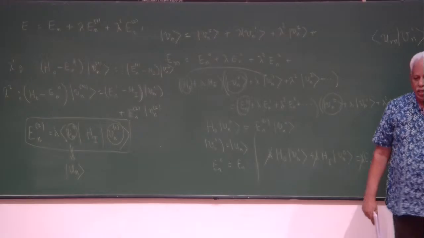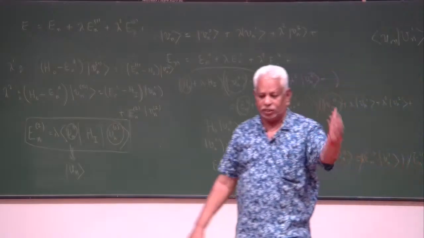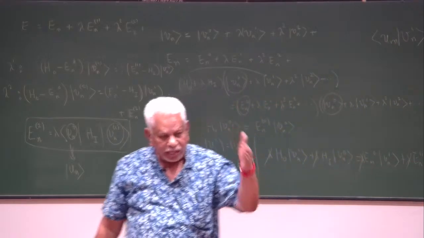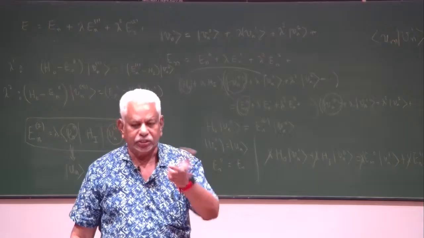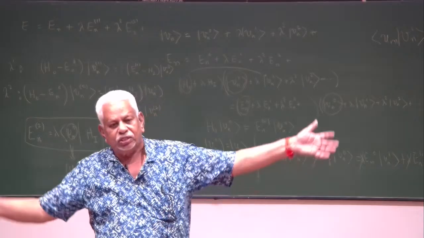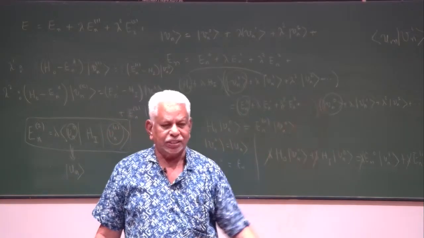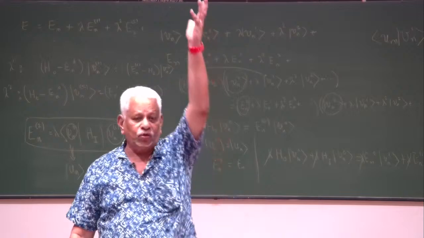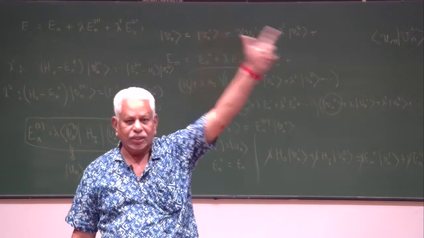It's only the transition probability, what people call from n to m, divided by the energy difference. If the energy difference is too large, when you perturb it, you won't go to very high levels. That's what this means.